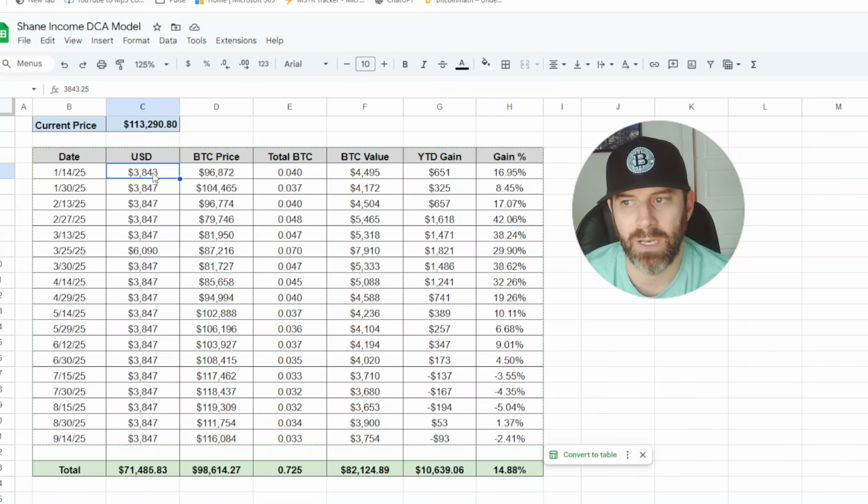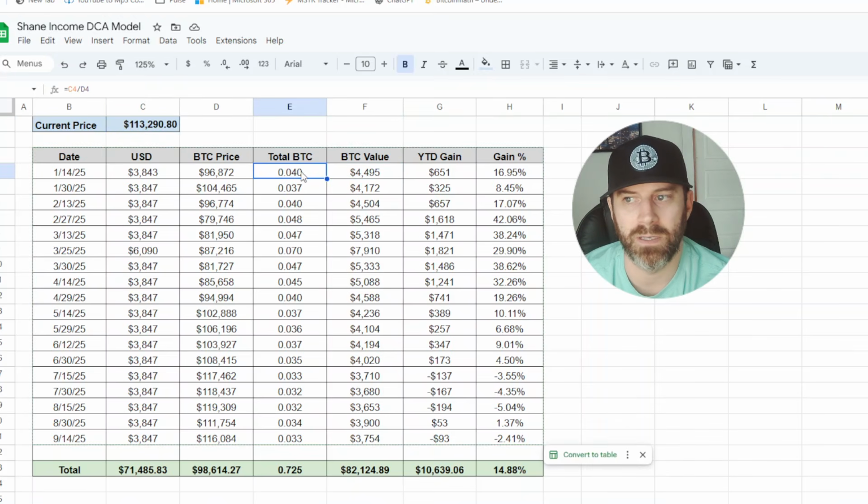I converted it immediately into Bitcoin. This was the Bitcoin price. That allowed me to buy 0.04 Bitcoin, which is now worth roughly $4,495.